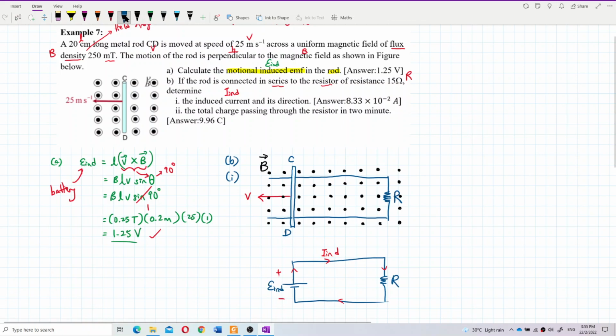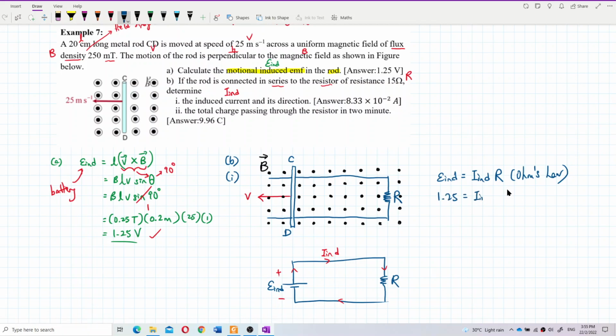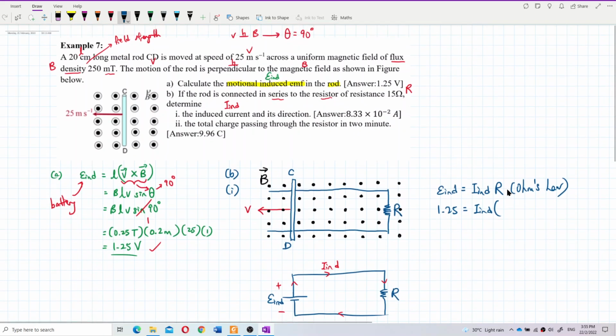Very simple, just use Ohm's law. Induced EMF equals induced current times resistance. E equals IR. The induced EMF is 1.25 volt, then induced current times resistance, and the resistance is 15 ohm.